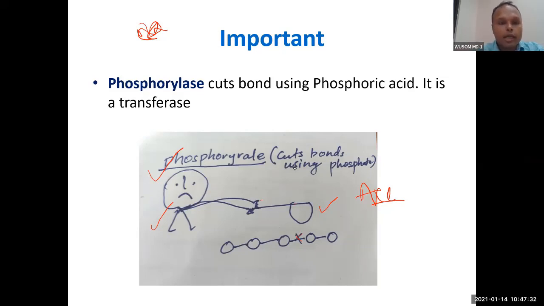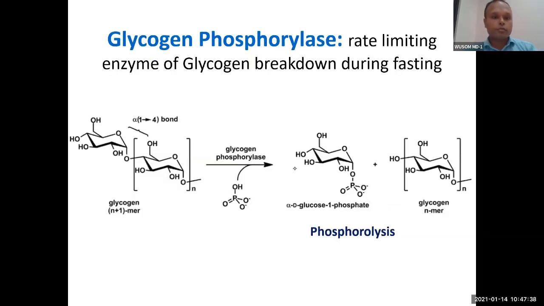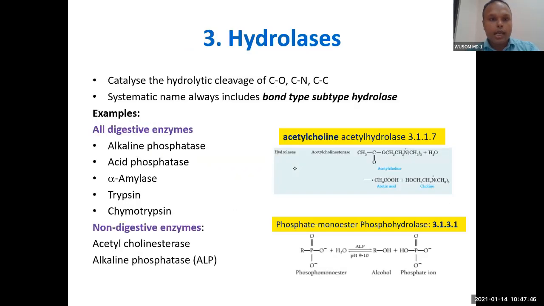Phosphorylase falls under the group of transferase. Remember that. We will talk about this phosphorylase in MD2. Here you can see glycogen phosphorylase breaks the bond between two glucose units by adding a phosphate group. So we are done with transferase.